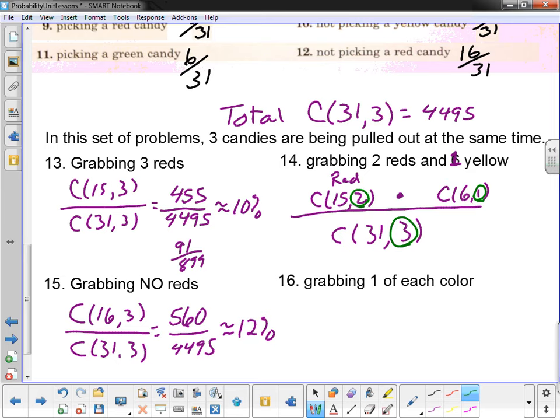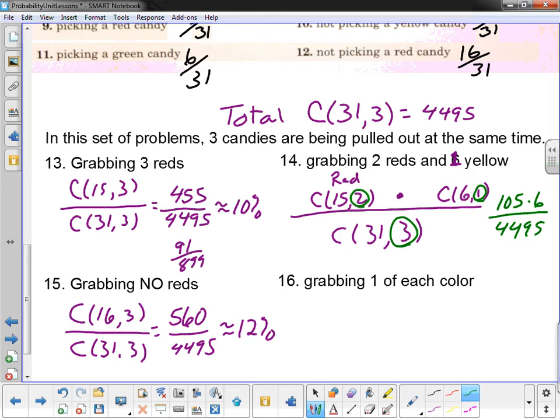So now we just have to figure out what each of these values is. What is the combination of 15 things taken 2 at a time? If you happen to watch my quick video on Pascal's triangle, I could just go to row 15, go to the third number, and that would be it. That'd be 105. Combination of 6 things taken 1 at a time is 6, and then we still have the 4,495.